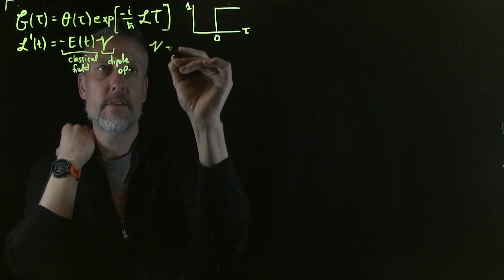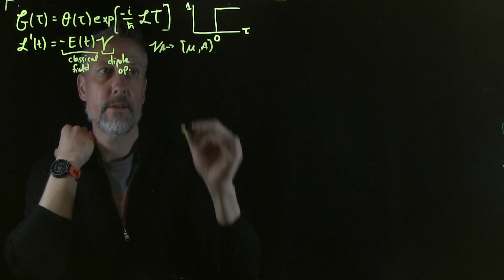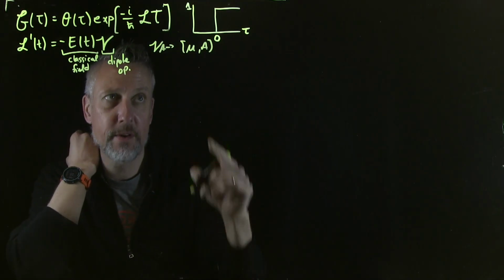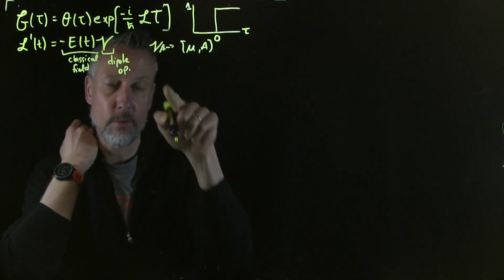So that means V operating on A is going to be something like the commutator of mu and A. I warned you that commutators were coming, and this is why.